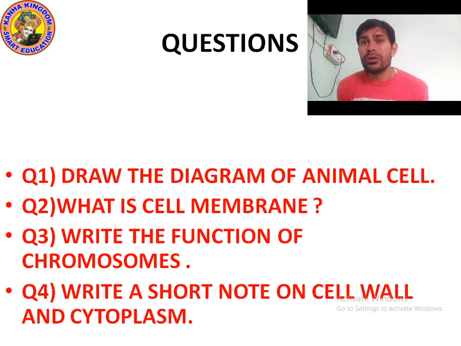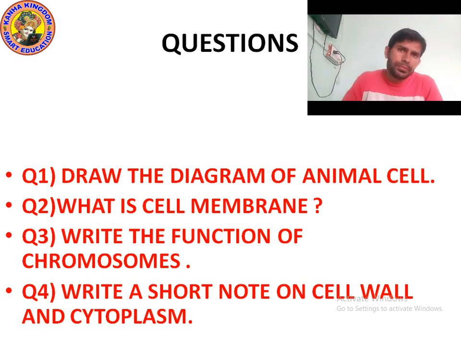It is found in plants, fungi as well as in bacteria. It is present just above the cell membrane, which means it surrounds the plasma membrane, or you can say it surrounds the cell membrane. I hope you understood now.